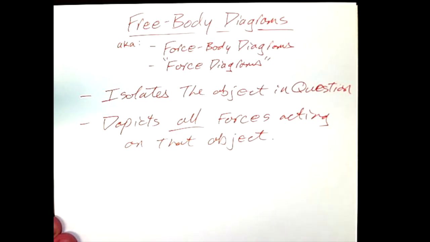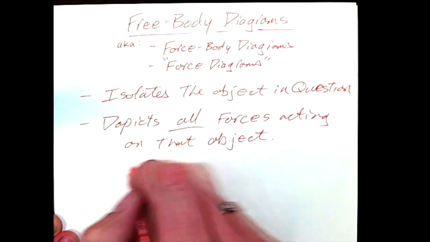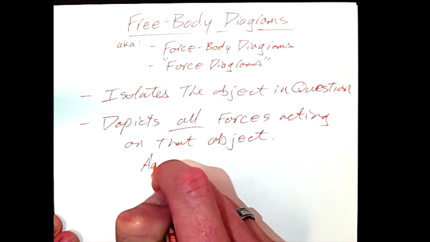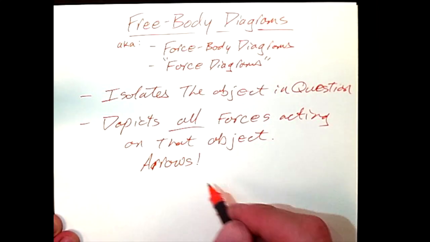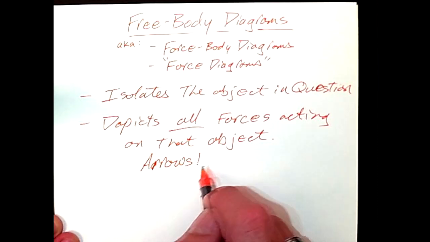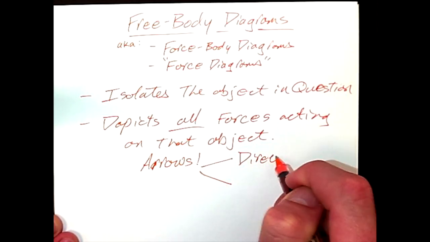And I know it'll make sense in just a moment when I show you an example, but I do want to mention that when we depict the forces, these are done by drawing arrows, where it's important to recognize that arrows serve two main purposes. First of which is the obvious one, which is direction.